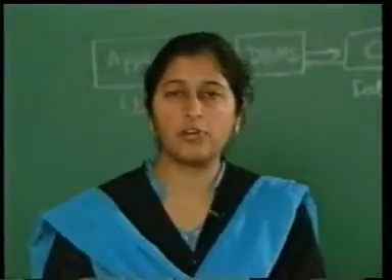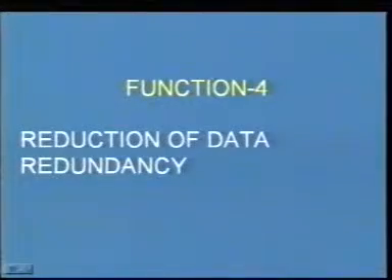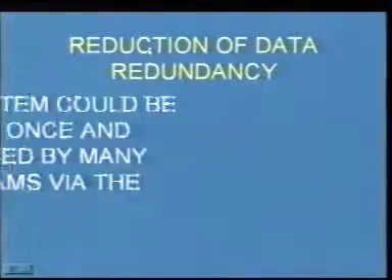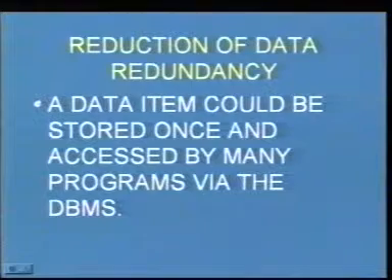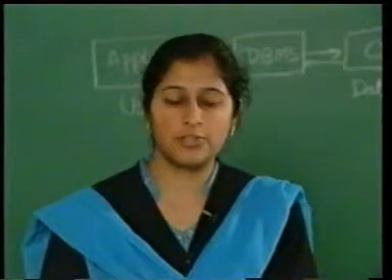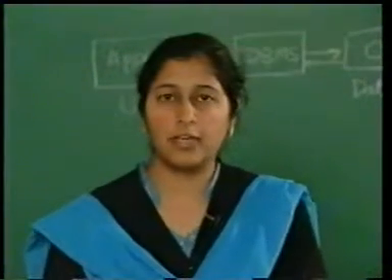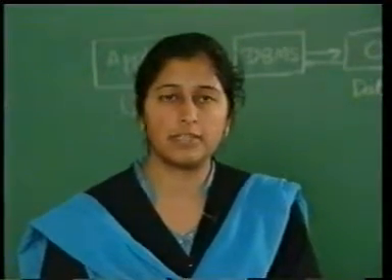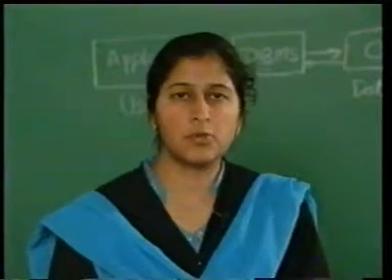The function 4 of DBMS is to reduce data redundancy. Since a data item would be stored only once and will be accessed by many application programs via the DBMS, it is always ensured that there will be a reduction of data redundancy in a DBMS oriented system.